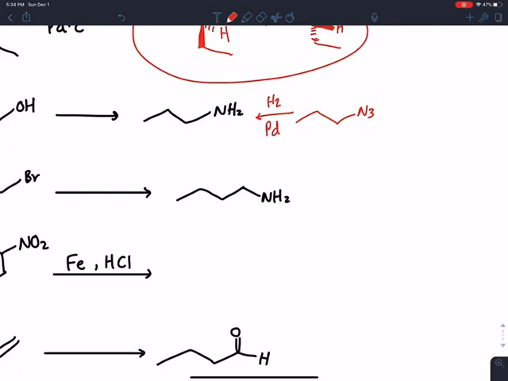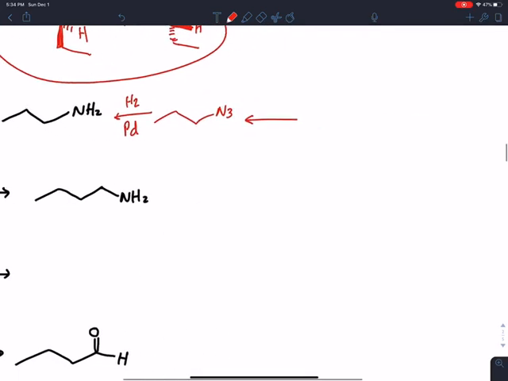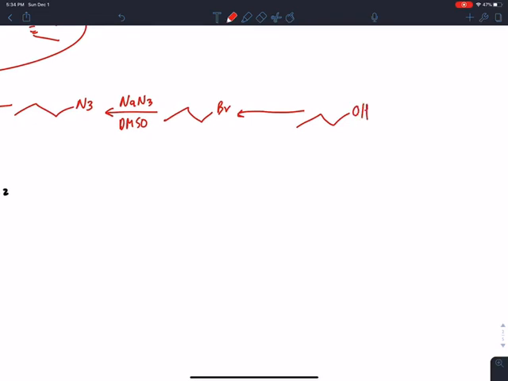So the question is, how do you make N3? Well, N3 was taught using SN2. So we can just do NaN3 over DMSO. Now the question is, well, how do you get a Br? Well, that's starting with the alcohol at least. Well, that's just PBr3 over, I believe, heat.